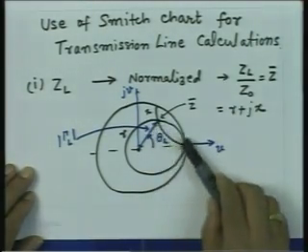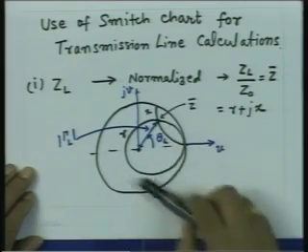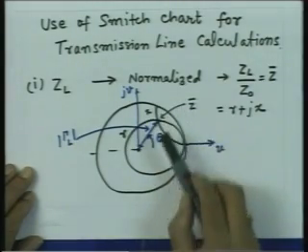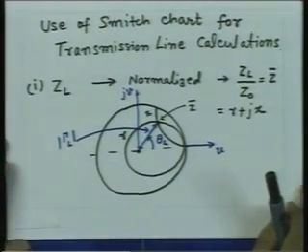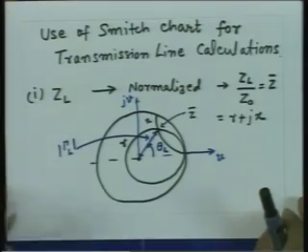So, essentially you read off the coordinates on the constant resistance and constant reactance circles and that gives you the corresponding value of the impedance. So, without doing any analytical calculation, just by graphical measurements of angle and distance, you can find out the reflection coefficient from the impedance or admittance and vice versa.